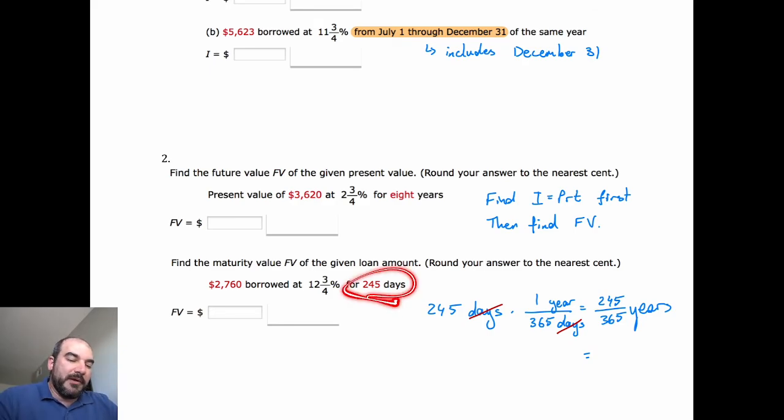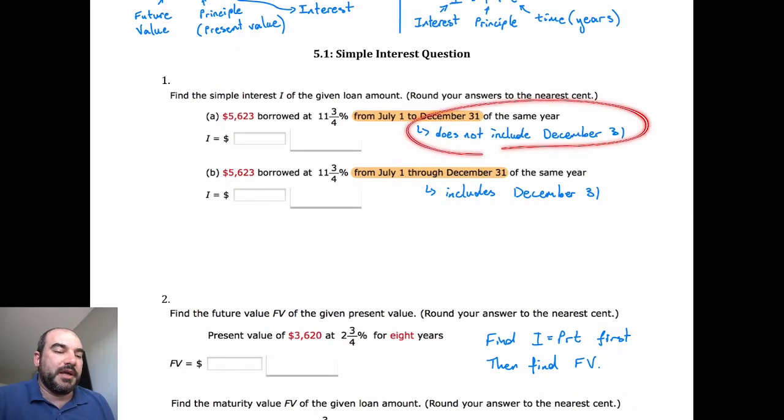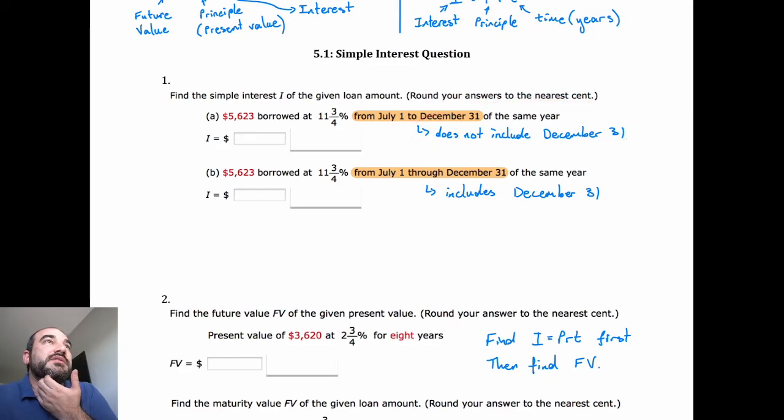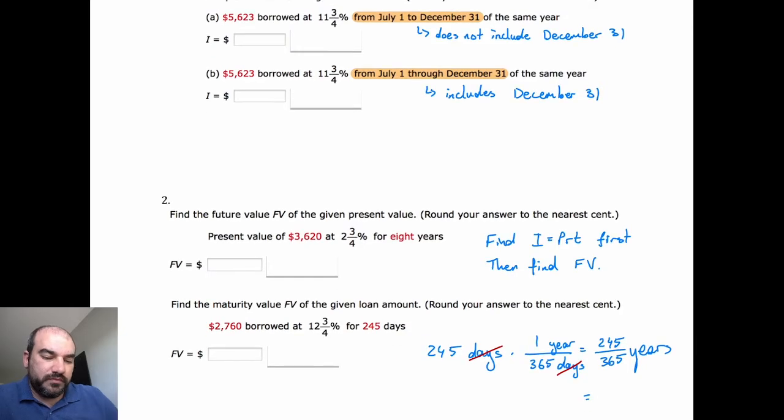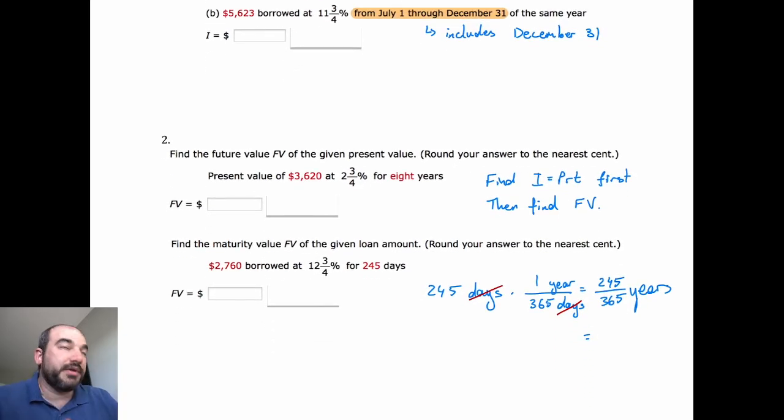So 245 days is the same as 245 out of 365 years. This is the fraction of a year that this number of days represents. You would do something similar to that here once you figure out how many days this is, converting that to years. Does that answer your question? We're good? Yes, thank you. Any other questions?